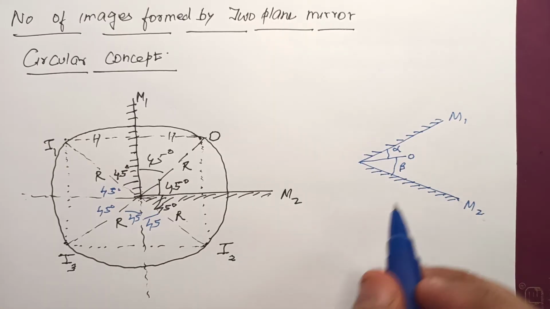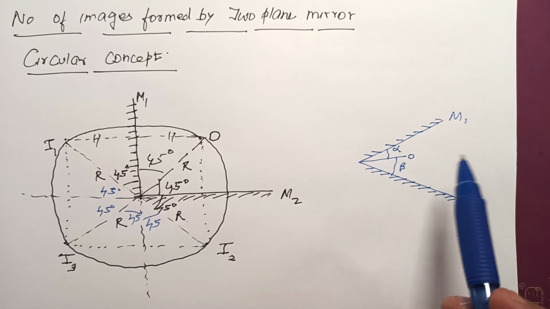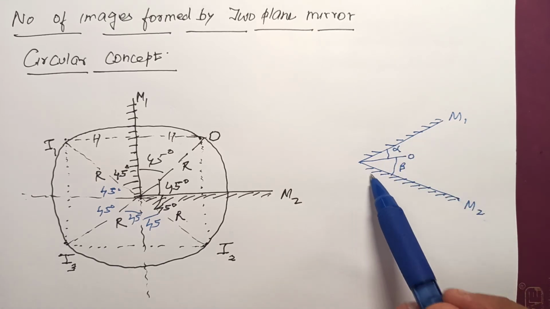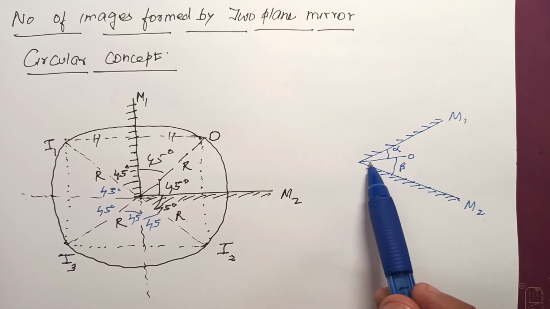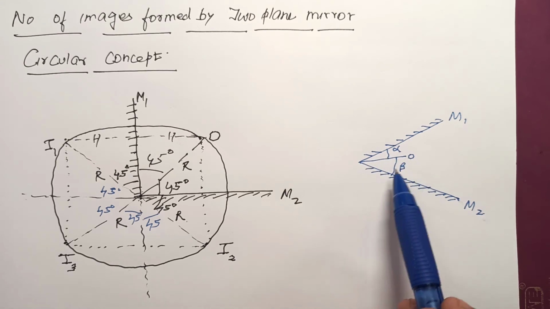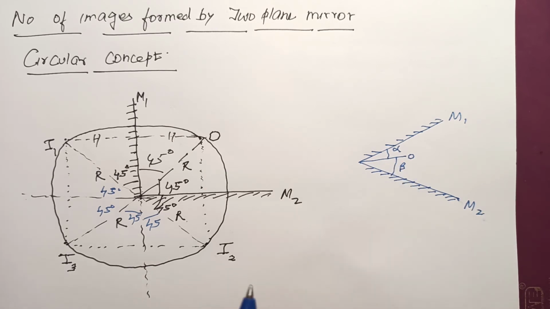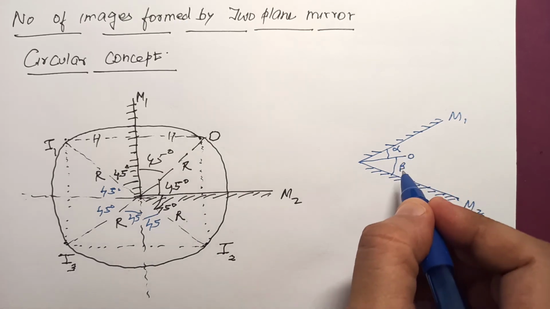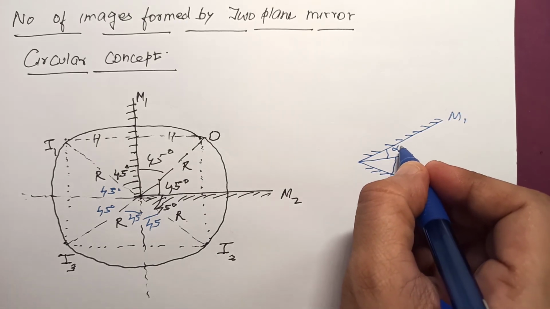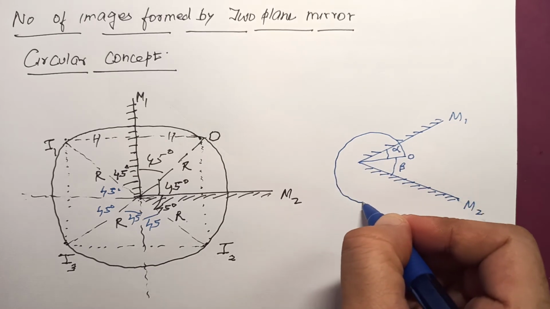Now this is a question which let's try to attempt. This is one mirror and there is an object which is kept in between somewhere in such a way that this angle is alpha and with the other mirror it is beta, correct? And we have to find out the images. So the first step would be, with O as the center, draw a circle.